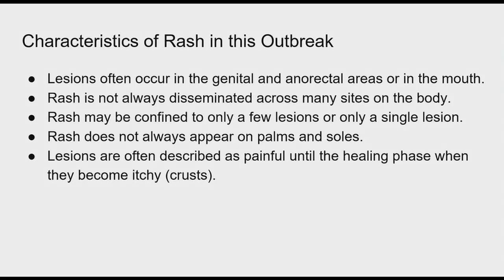This is the usual presentation of monkeypox, but there are some specific, unique skin manifestations in this outbreak. Some people will only have lesions in the genital and anorectal areas or in the mouth, but the rash does not appear typically on the face or palm and sole.